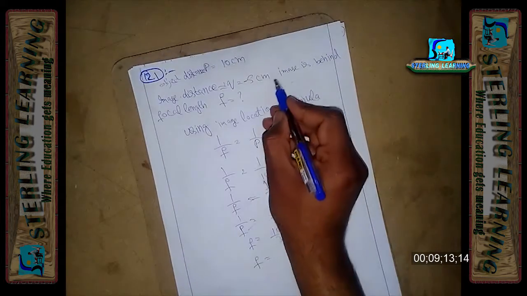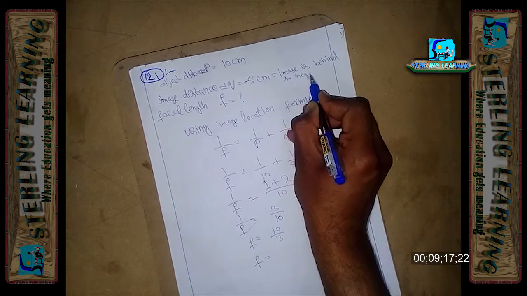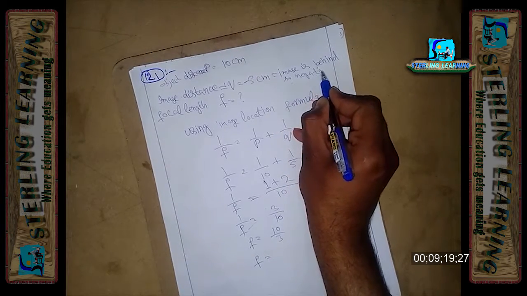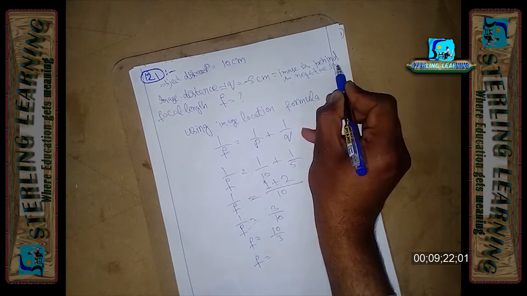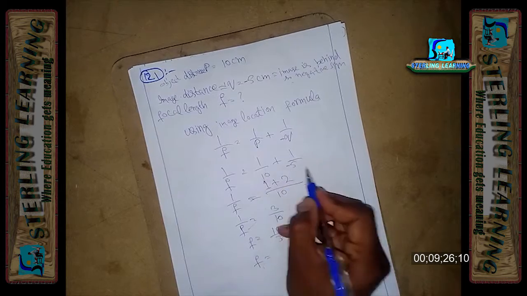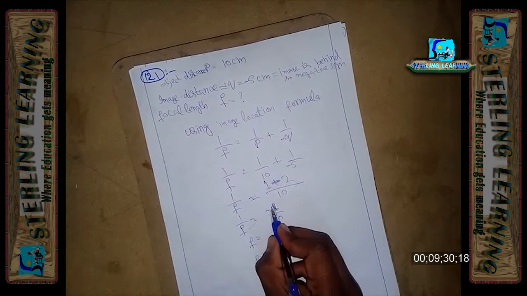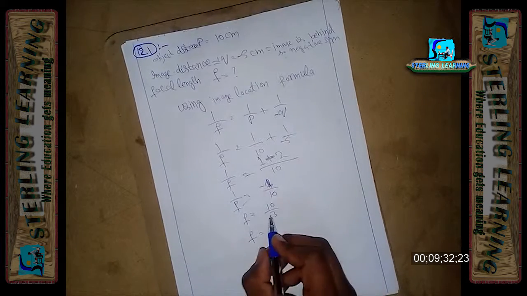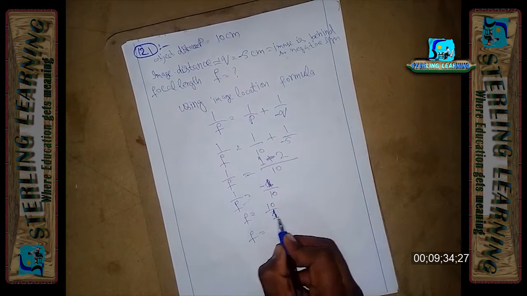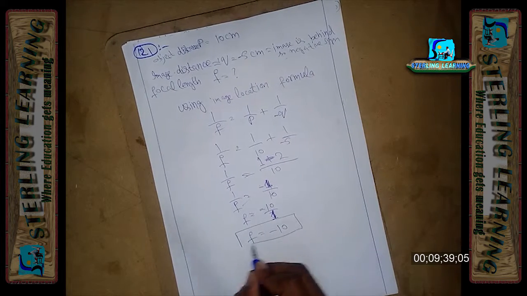So when the image is behind, we use a negative sign. So it is minus Q, minus 5, minus 2, minus 1, and minus 1. F is equal to minus 10.